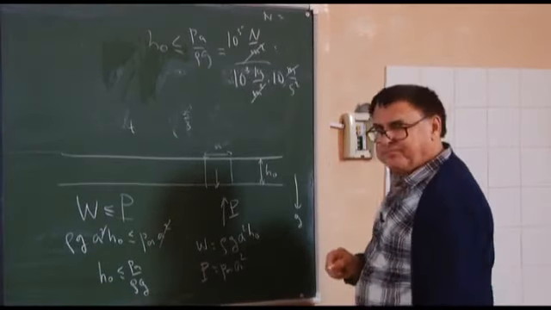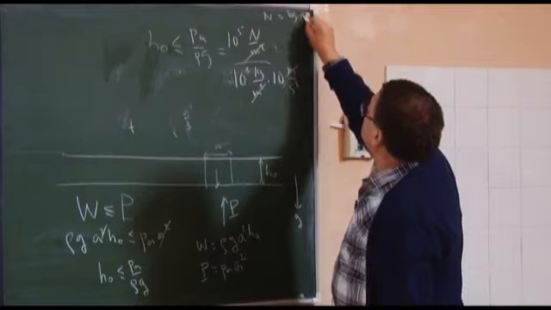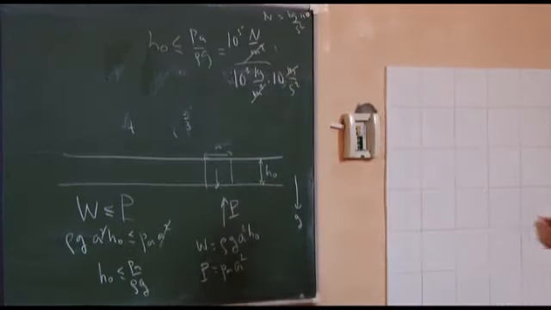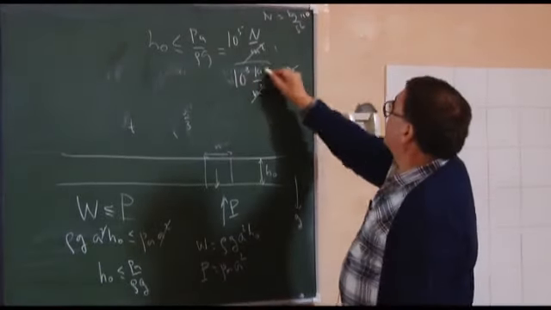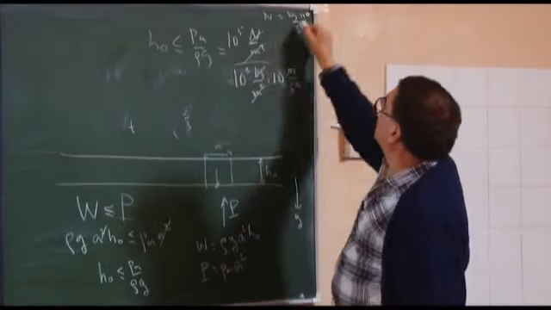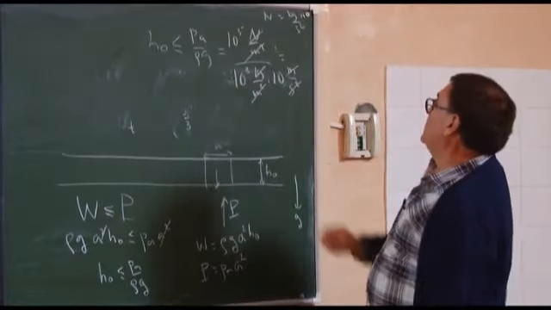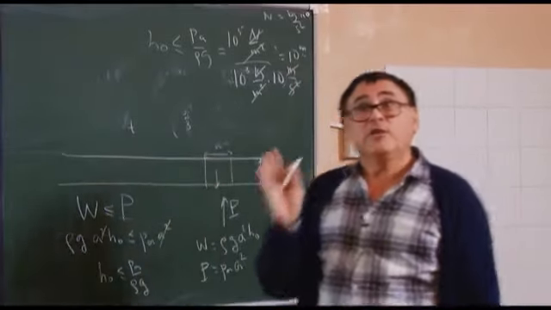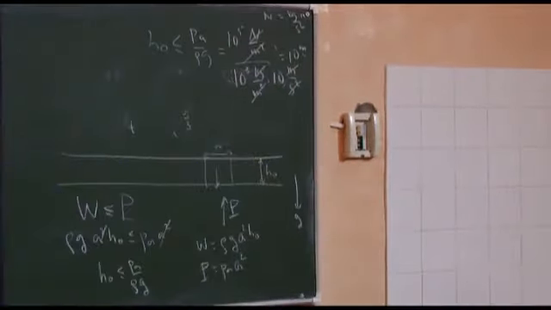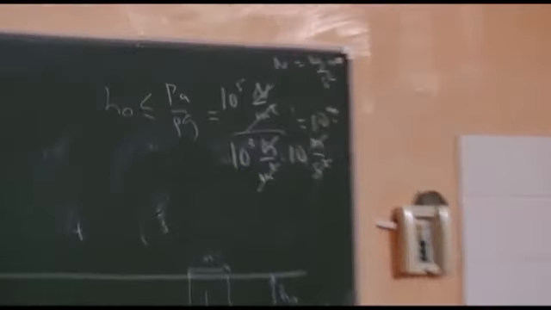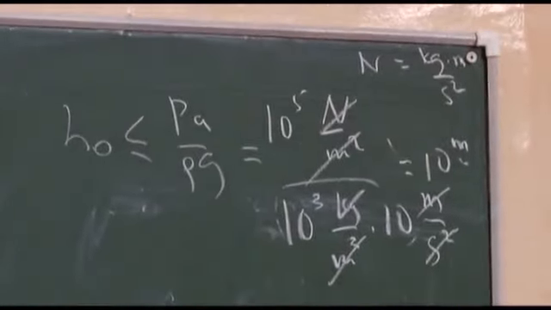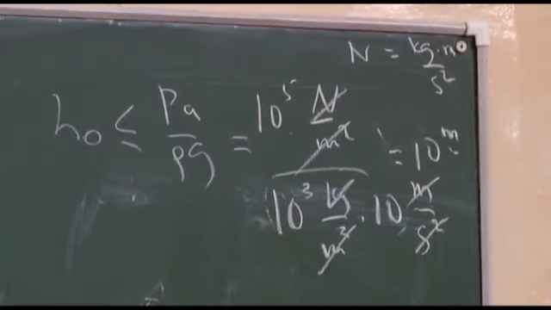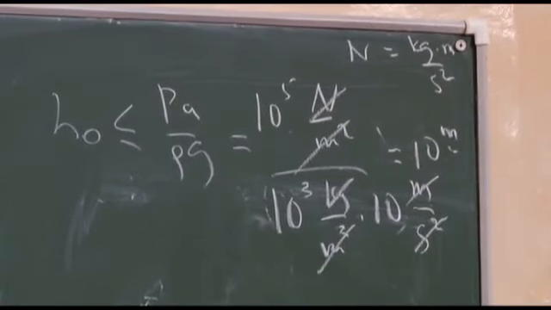Newton is a kilogram meter per second squared, so things cancel and we are left with meters. How much is it? 10 meters. So to attach a liquid layer to the ceiling, you should not exceed 10 meters. If you want to put water on the ceiling for up to 7 meters, or 8, you can do it, and it will stick there.